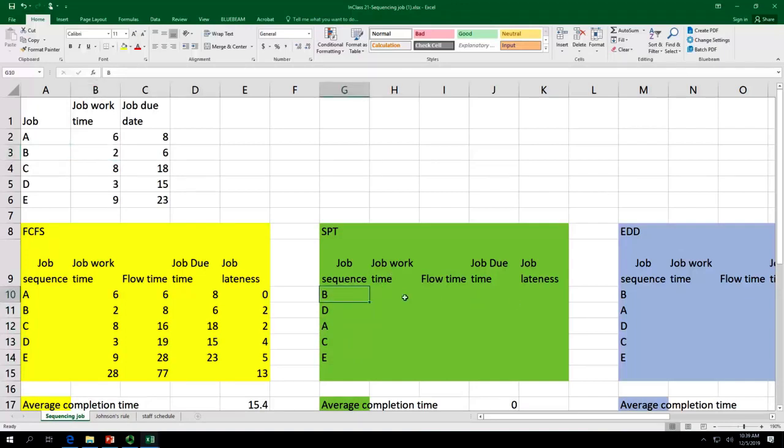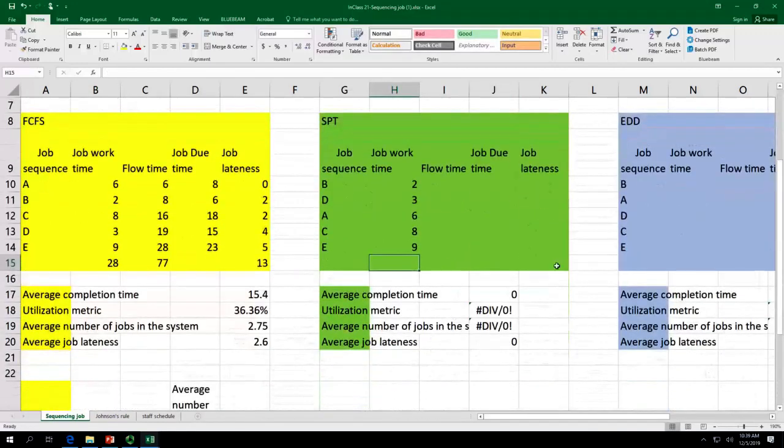B is going first, so the job process time is 2. And D, it is 3. And then the next one is A. A is 6. And C, it is 8. And E, it is 9.